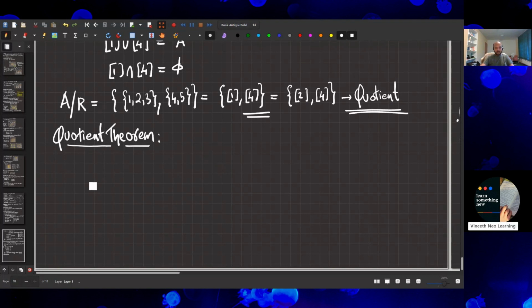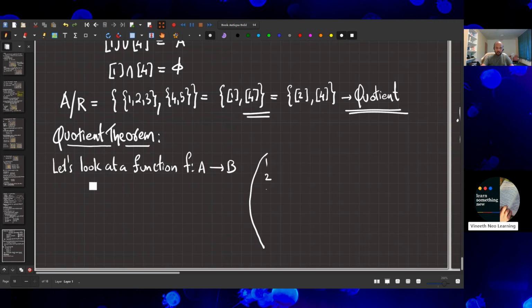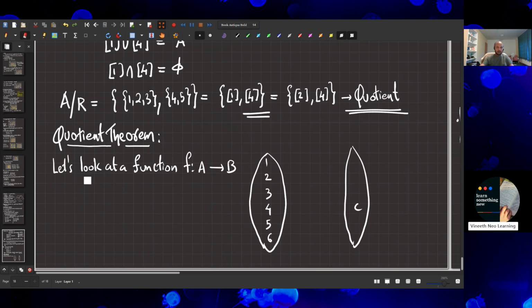Quotient theorem. For that, let's look at a function f from A to B. Let's draw that function. 1, 2, 3, 4, 5, 6. Here, let's consider another set B: a, b, c.